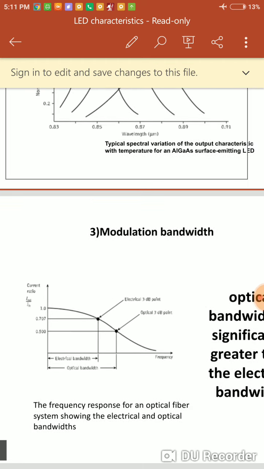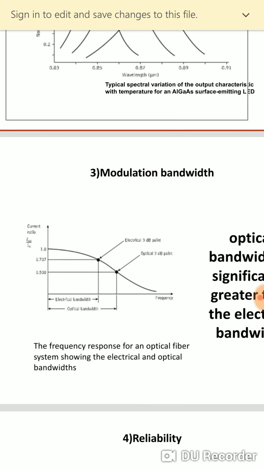Now the third characteristic of LED is modulation bandwidth. So first thing we have to consider is that modulation bandwidth means we are going to do modulation of light. In case of light modulation, as we know, for modulation we require two signals, carrier signal and modulating signal.